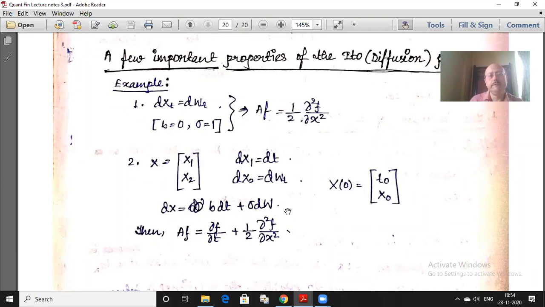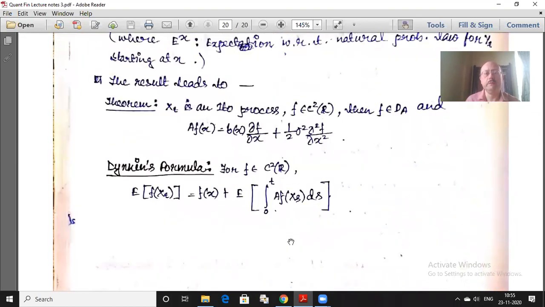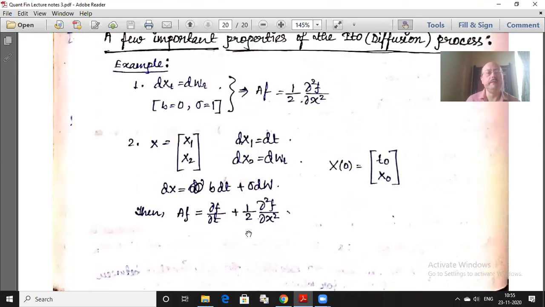So with that dX, the generator again can be written as del f del t plus half del 2f del x square. If you work out the formula from here, we will easily see that the generator of this two-dimensional process will again be given by this very simple expression.